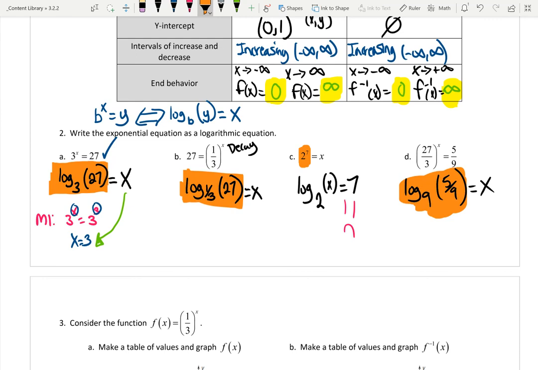When we're dealing with 3 to the x equals 27, and all of our numbers are nice natural numbers, we can solve it. But the moment for B and D, when we start including some fractions, we want a way so that we can use our tools to solve our problems for us. So I can solve these logarithmic equations even though I don't necessarily know how to do the scratch work myself.